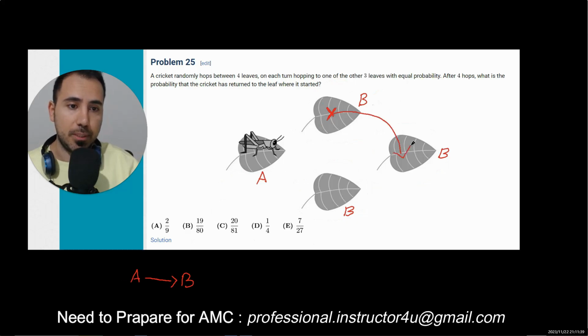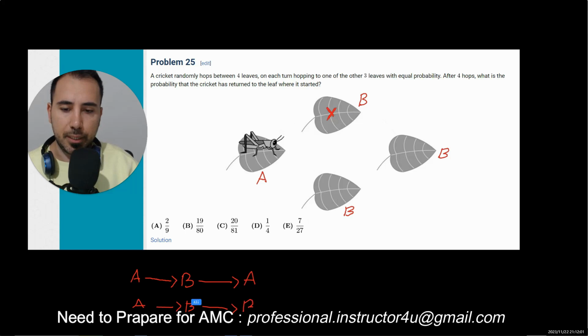Maybe it can go to B, or maybe it can return back to A. So from B, it's going to become like 2. It's going to be B. We could go back to A, or we could go A, B, and then from B, we could still go to another B.